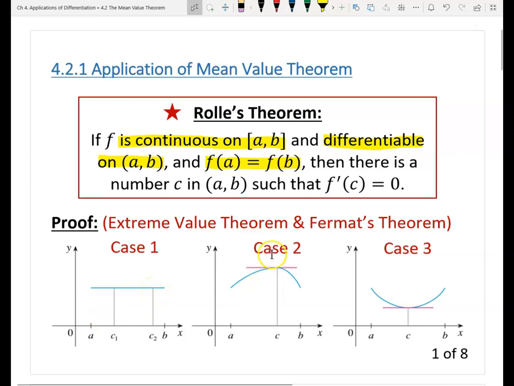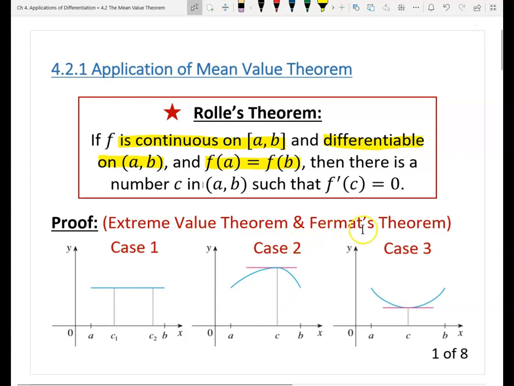Now the second case, if the function goes up. Let's look at the conditions. f is continuous on the closed interval [a, b], so by the extreme value theorem, we have a number c where the function reaches the absolute maximum value, right?